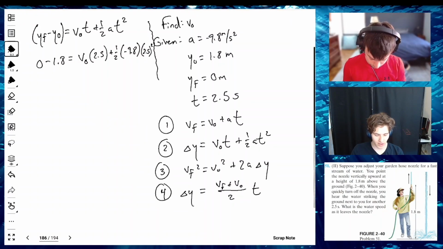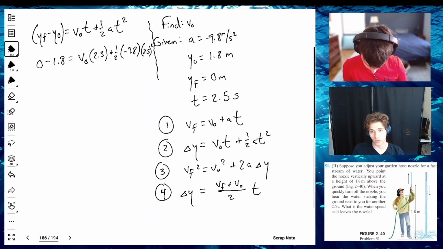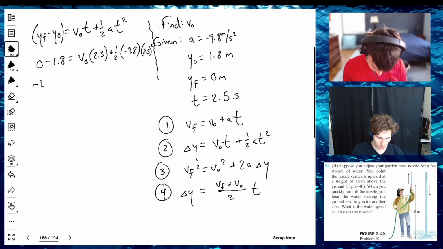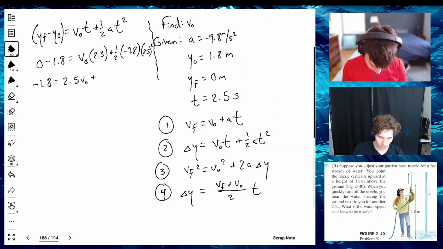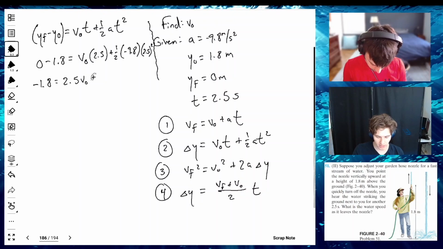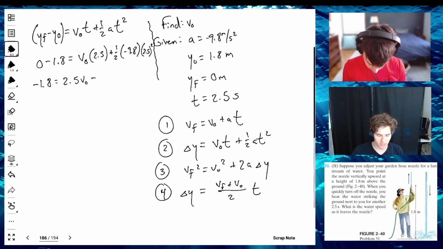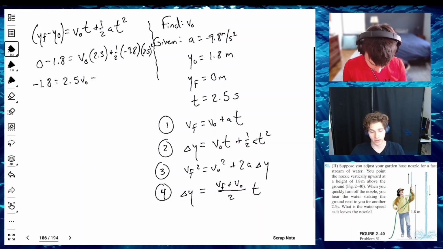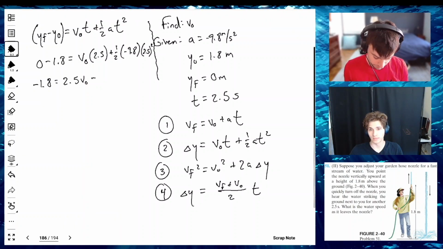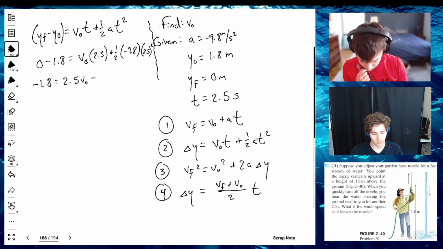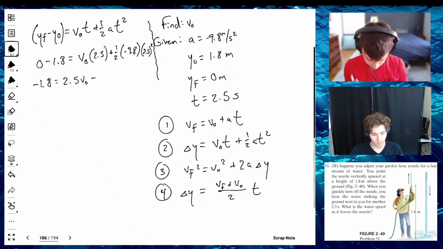Let's begin to simplify this. What's 0 minus 1.8? Negative 1.8. Nice. And then we have 2.5 V naught plus, and then I'm going to actually do minus here. What is 1/2 times 9.8 times 2.5 squared? It's definitely a calculator question. So I got rounded negative 30.63.